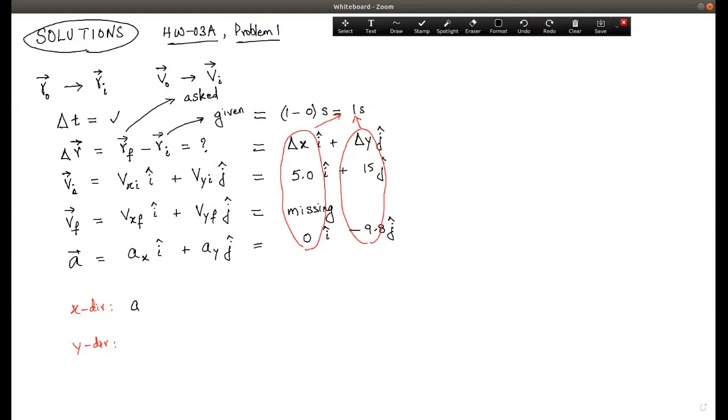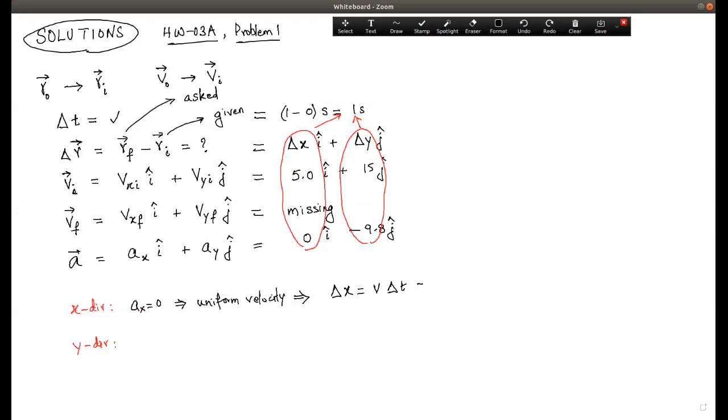So ax equal to 0 implies that this is uniform velocity. That implies that delta x is simply going to be equal to v times delta t. It doesn't matter whether it's v final or v initial, since it's delta x, everything is in this direction.